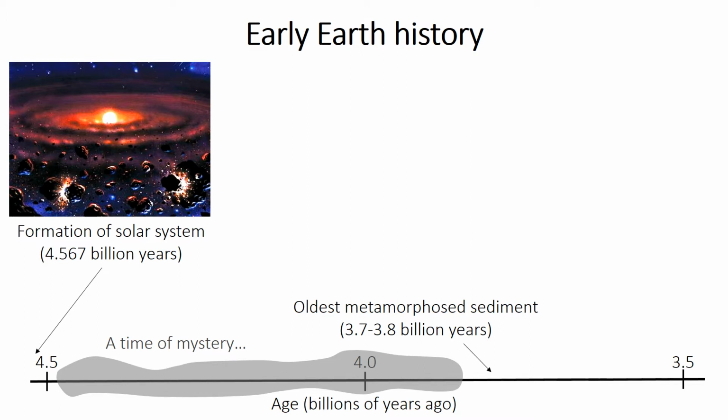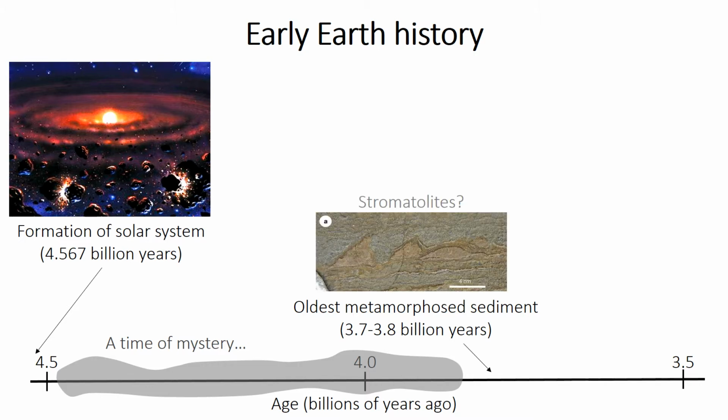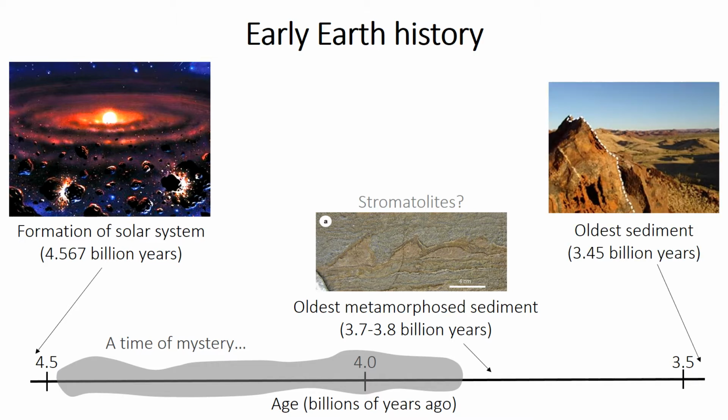But these rocks, in Greenland in particular, contain structures that have been interpreted as stromatolites by some scientists, but that are still very controversial. So the oldest well-preserved sedimentary rocks date from about 1 billion years after the formation of the Earth, about 3.5 billion years ago. And that's what we're considering today.